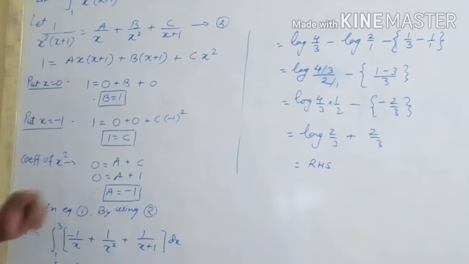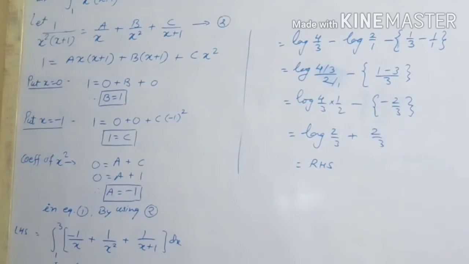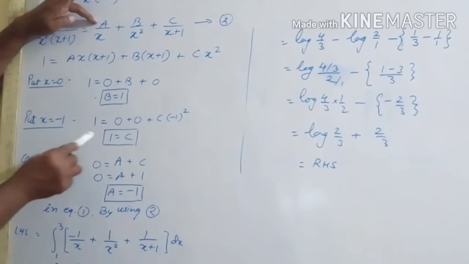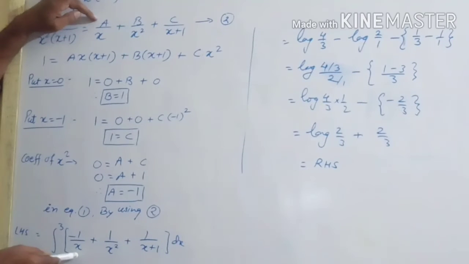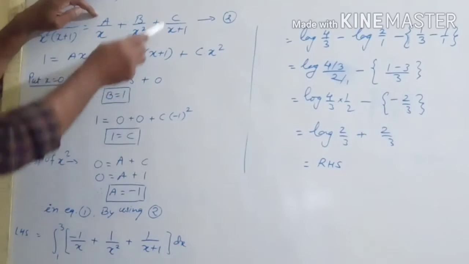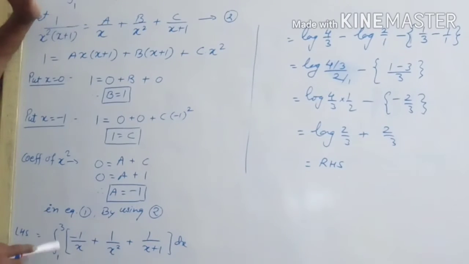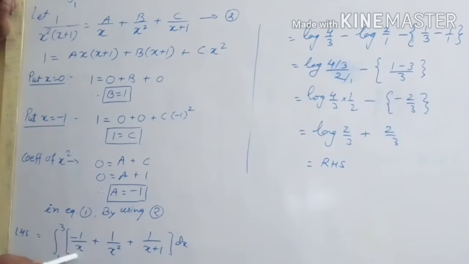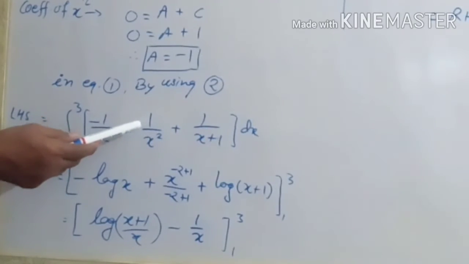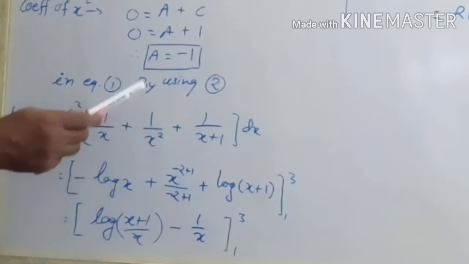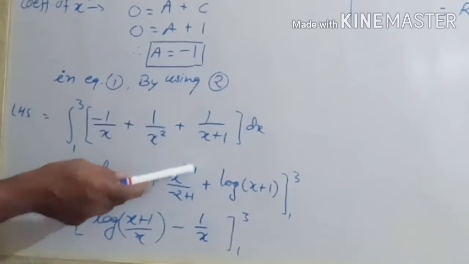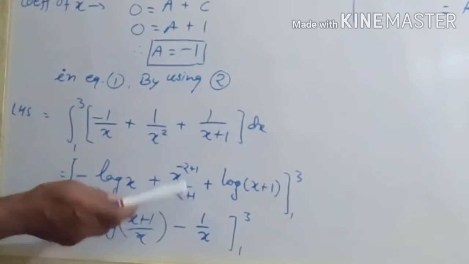So in equation number 1, by using 2, the LHS is the integral from 1 to 3 of a, which means -1 by x, and b and c both are 1, so 1 by x square and 1 upon x plus 1. Now the minus sign stays, 1 by x has integral log x, and since here x to the power -2, in the integral add 1 to the power, so x to the power -2 plus 1 divided by -2 plus 1.